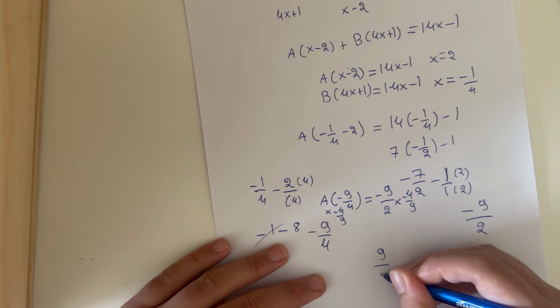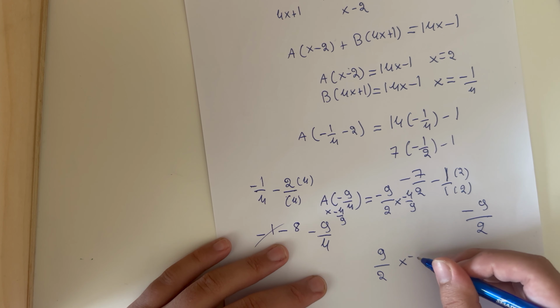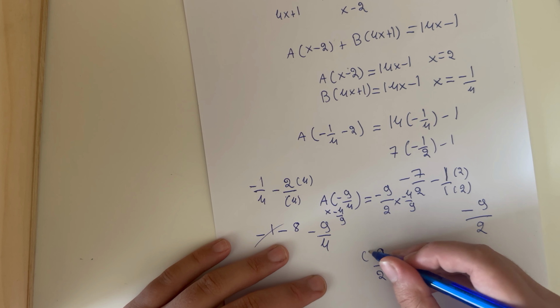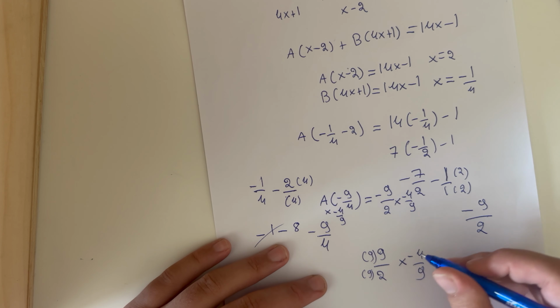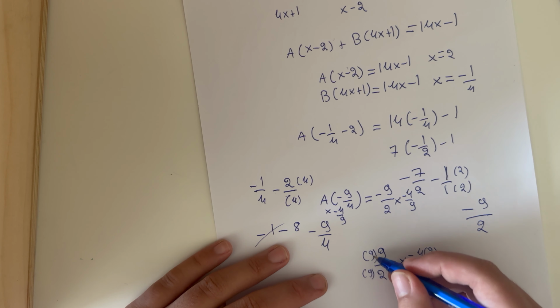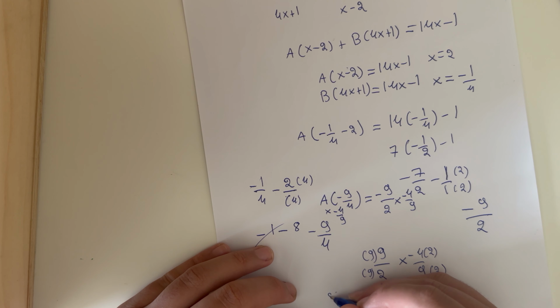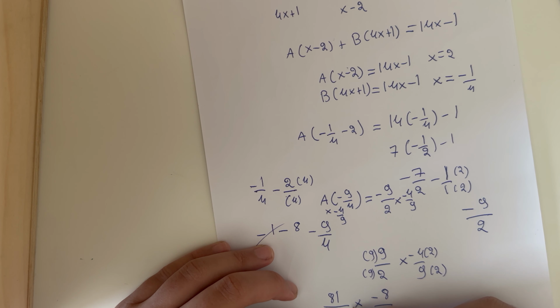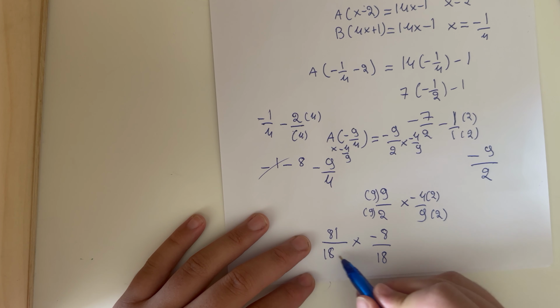And to evaluate 9/2 times negative 4/9, I'm going to multiply this by 9, also multiply this by 9, multiply this by 2, and multiply this by 2. So I have 9 times 9, 81/18 times negative 8/18. Sorry, you couldn't see that, but this is what I did.